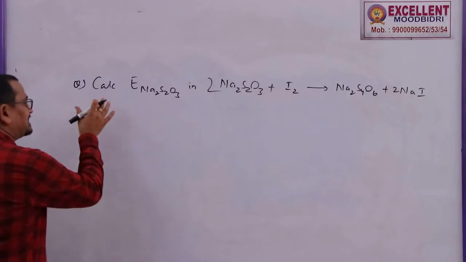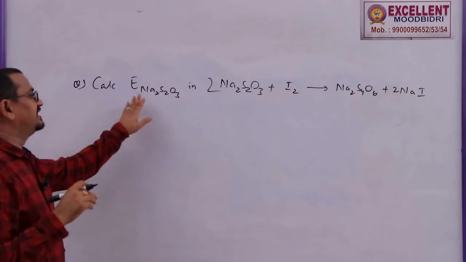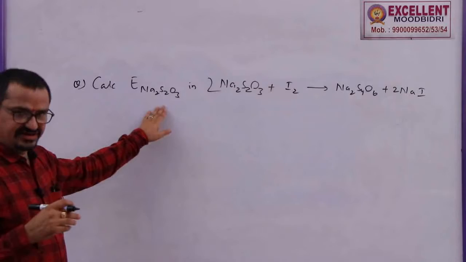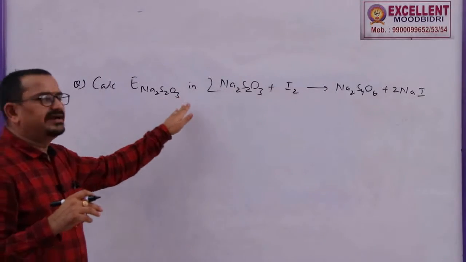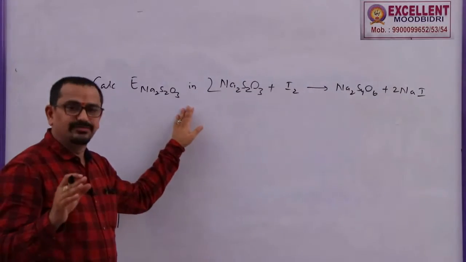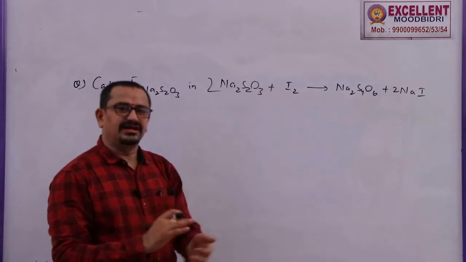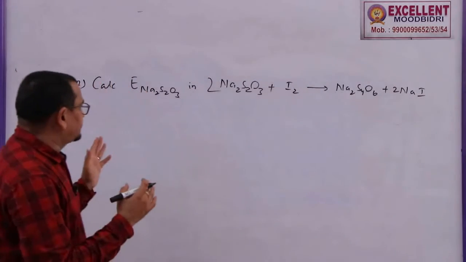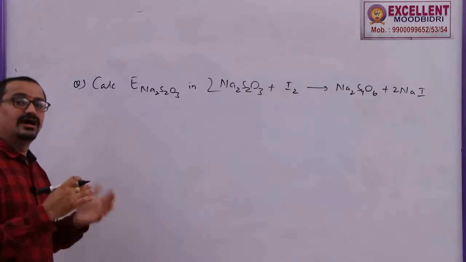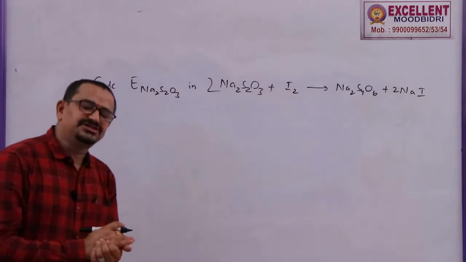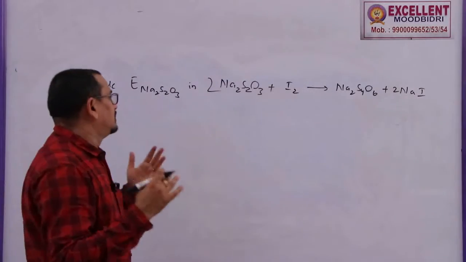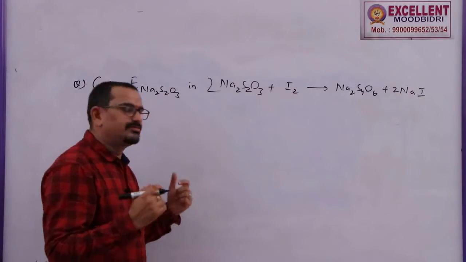Calculate the equivalent mass of Na2S2O3, sodium thiosulfate, whose hydrated form, Na2S2O3.5H2O, is called hypo, in the given reaction. Whenever such questions are given, we have to depend on the oxidation number concept. You have studied this oxidation number concept, right?